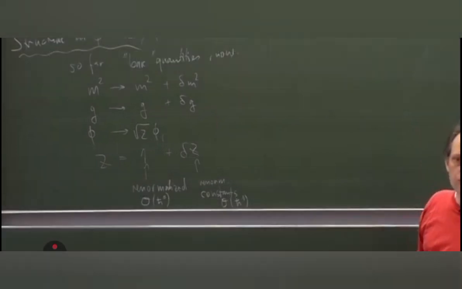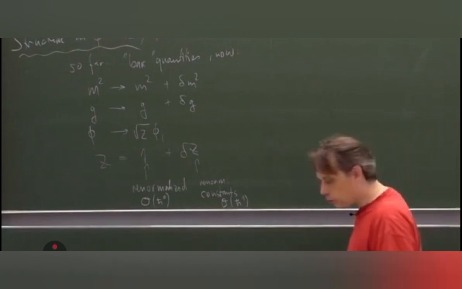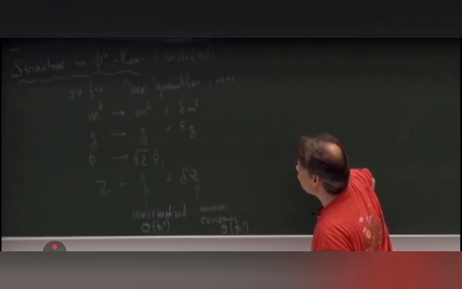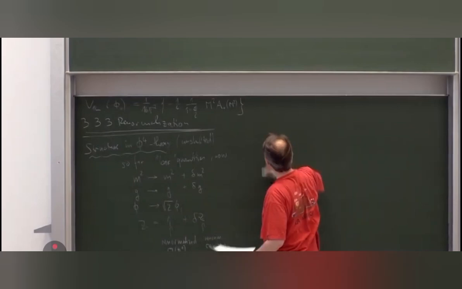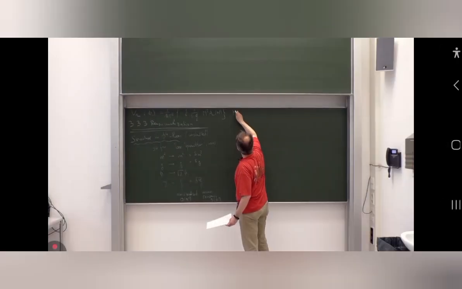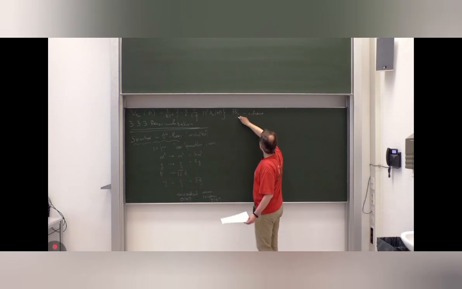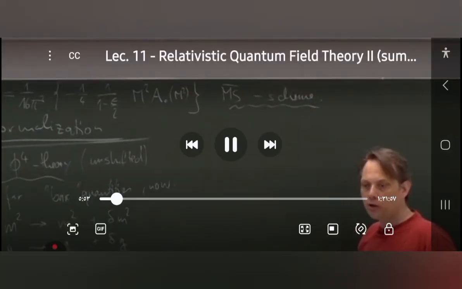Powers of loops in terms of powers of h bar. Then in order to renormalize, we need to fix a renormalization scheme. Here we use the so-called MS bar renormalization scheme, modified minimal subtraction, which is a common choice.